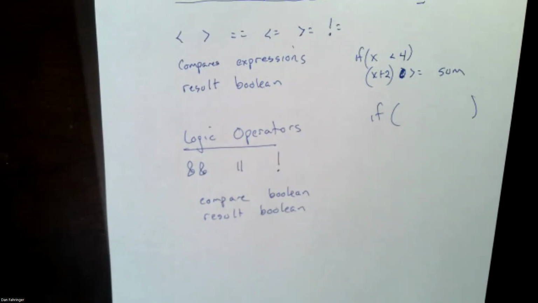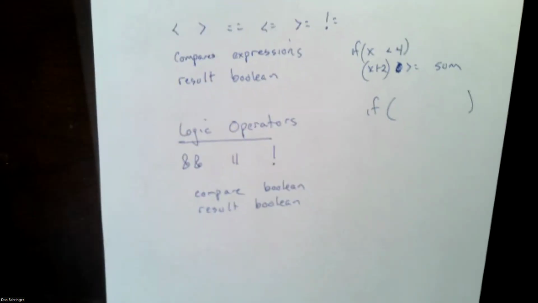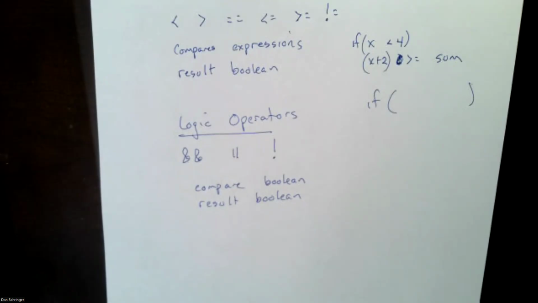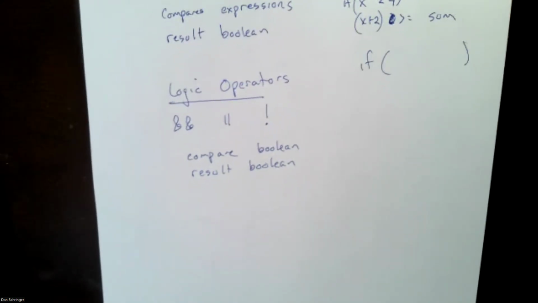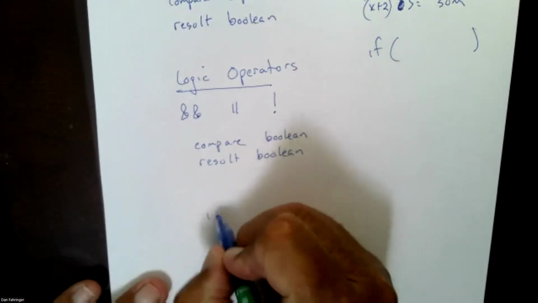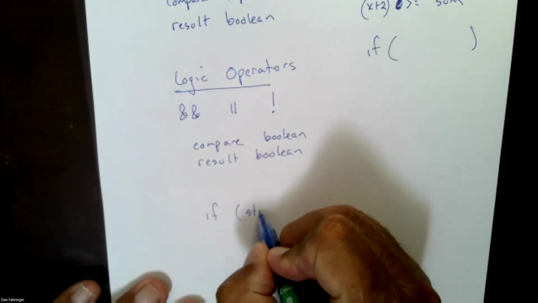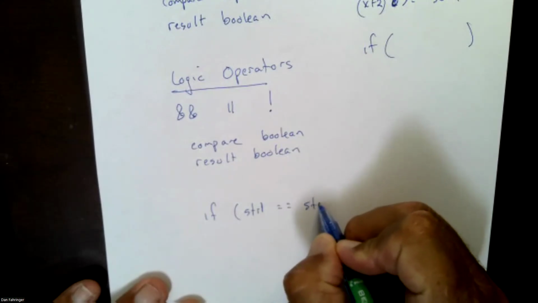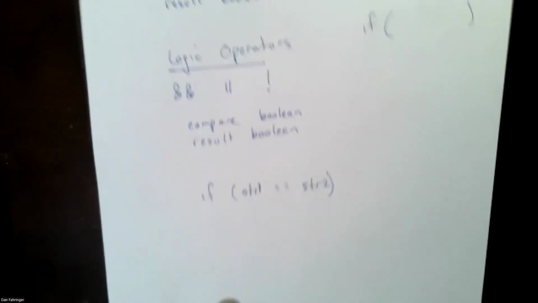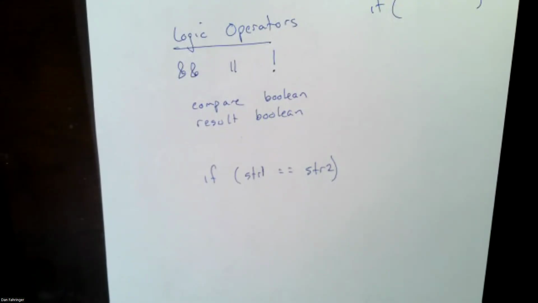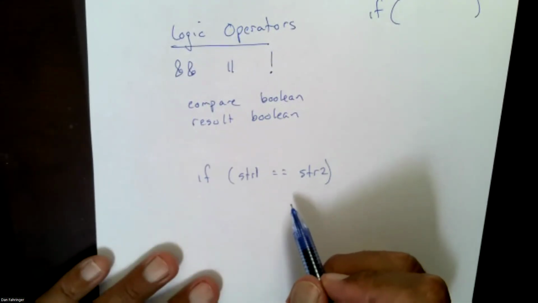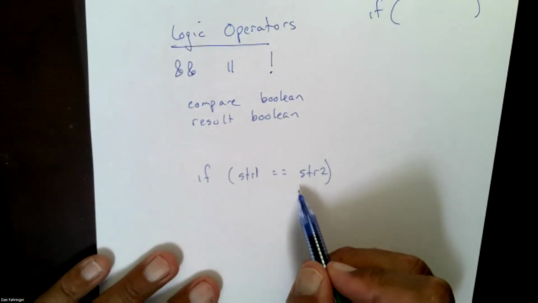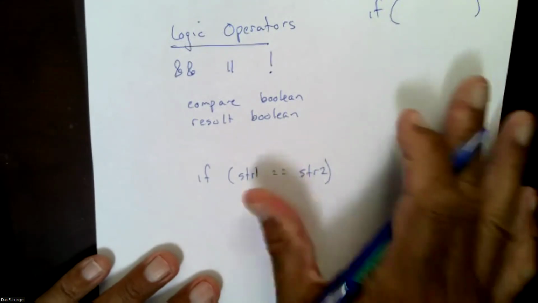And you should have seen a bunch of examples along the lines of working with logic operators. We had some string things. If I said if string one equals equals string two, what's that doing? Could you scroll up a little bit so I can see? Yeah.